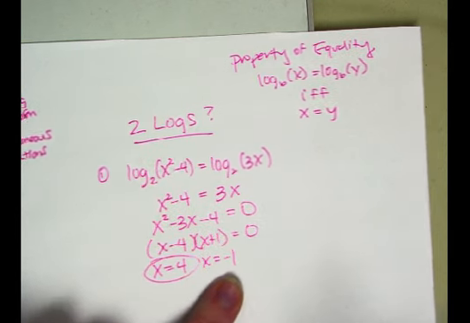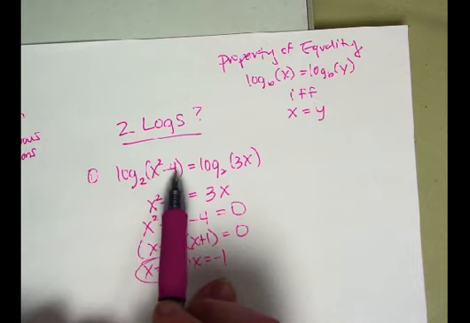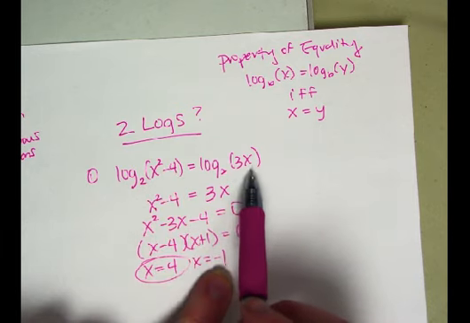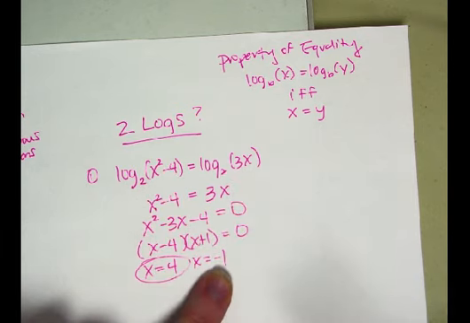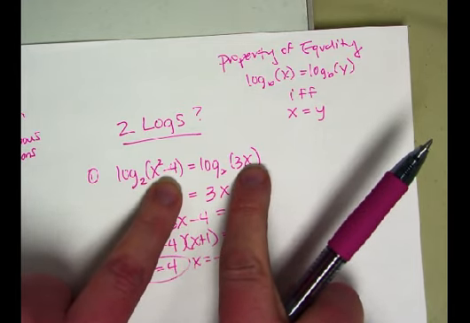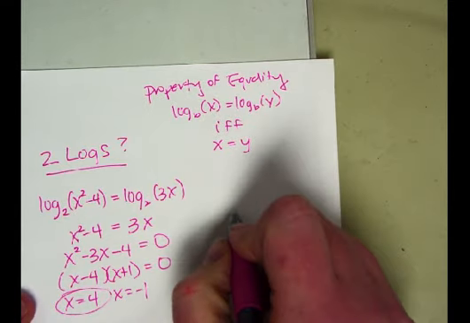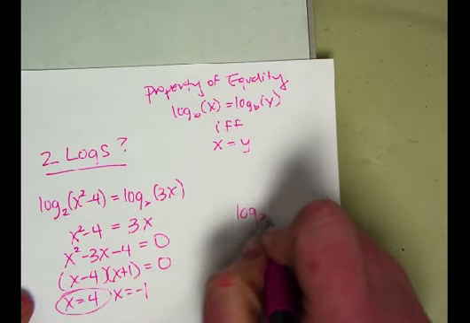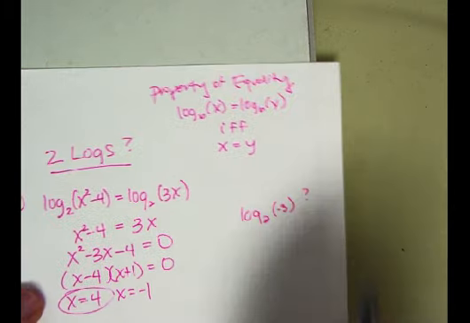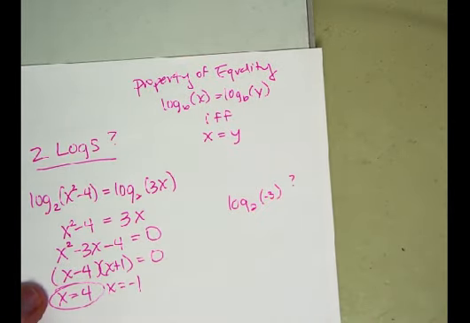Let's try negative 1. Negative 1 quantity squared is 1, and then 1 minus 4 is negative 3. We have a problem. And then same thing here, 3 times negative 1 is negative 3. So while technically the insides are both equal, you can't take the log of a negative number. If I asked you, separately, what is log base 2 of negative 3? 2 to what power would get you negative 3?